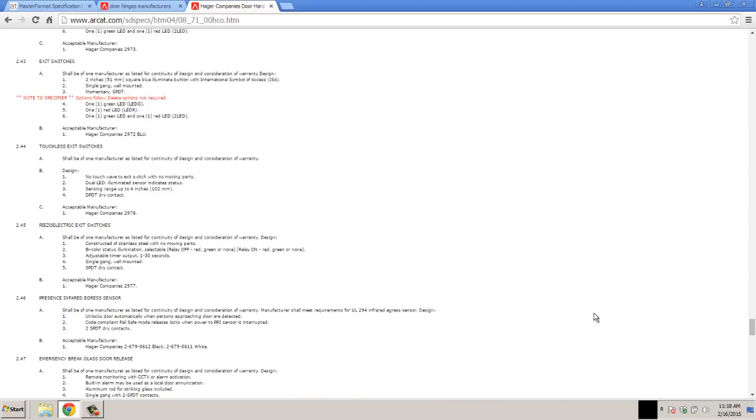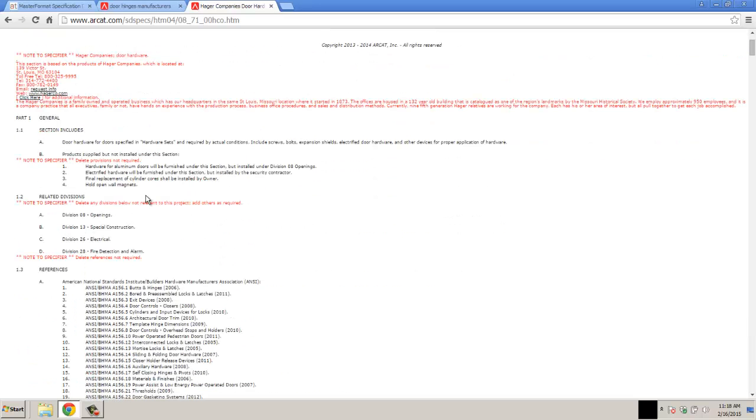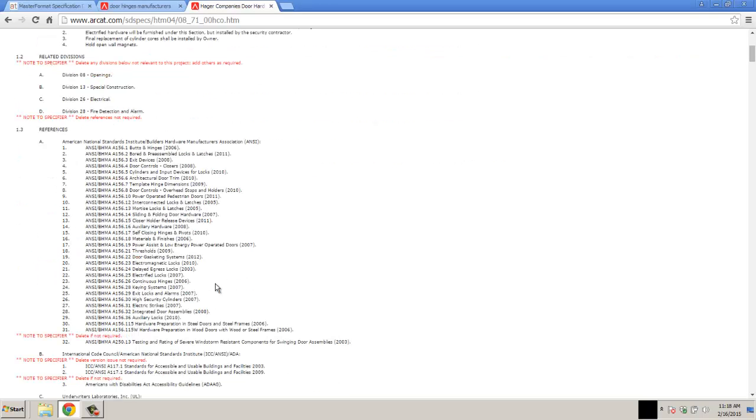So starting back up at the top, general. What they want you to do is go in and basically edit this document, take out the stuff that's not particular to your drawing or your project. In this case, we may only want butts and hinges. Hinges are another name for butts.